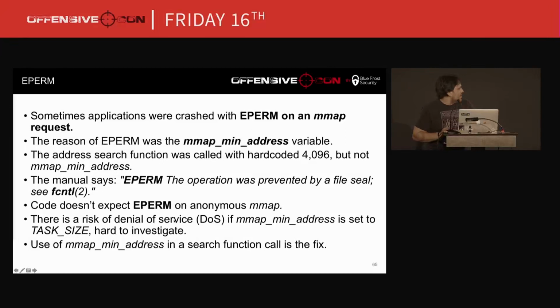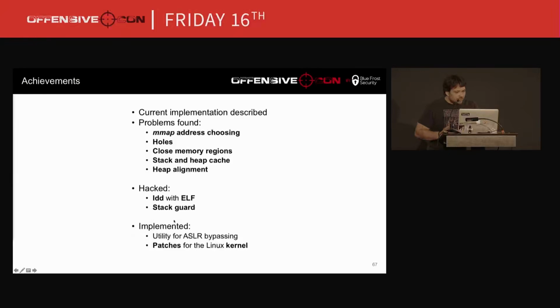So this is a question about how mmap is designed, maybe how this hook is designed. I think they need to change how they find the address, and they need to take this value into account. So here's my conclusion.